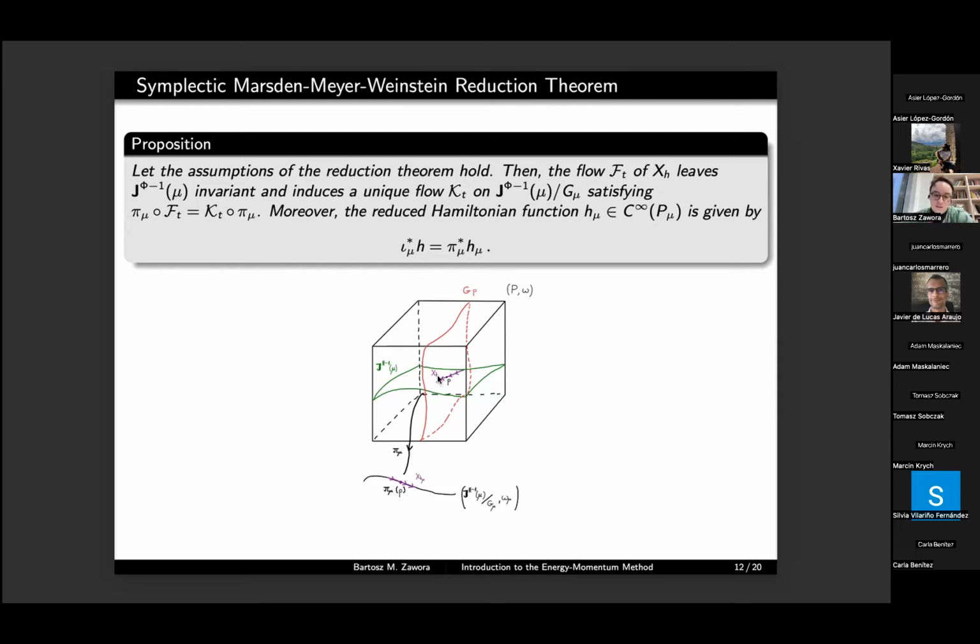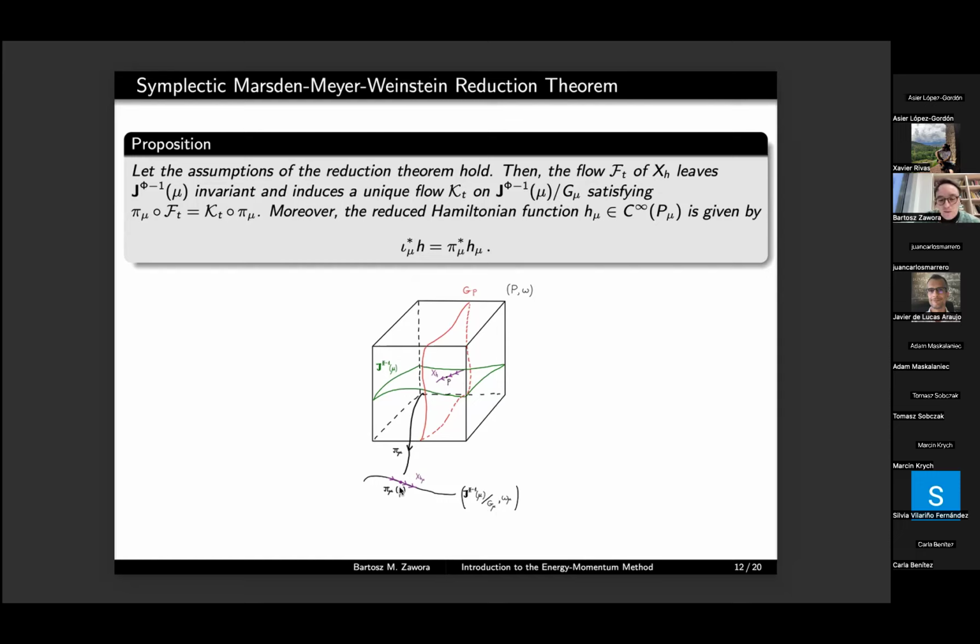Since the Hamiltonian vector field is always tangent to this level set, and at this point is equal to the fundamental vector field, it means that this fundamental vector field has to be tangent to the orbit generated by G mu. But since we quotient by G mu, this vector field quotients to 0, right?